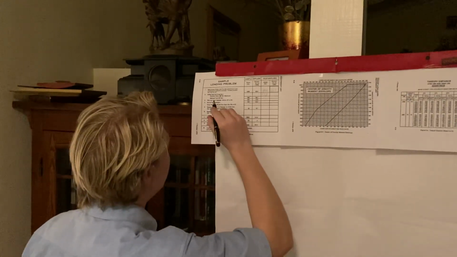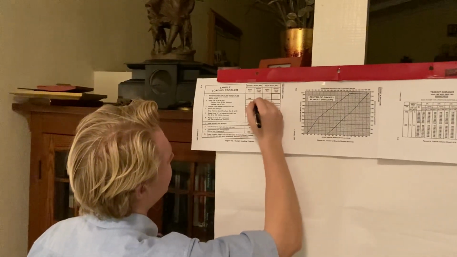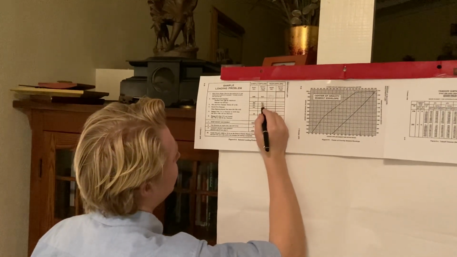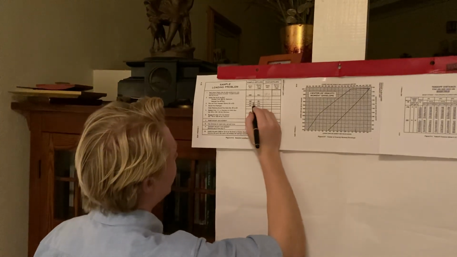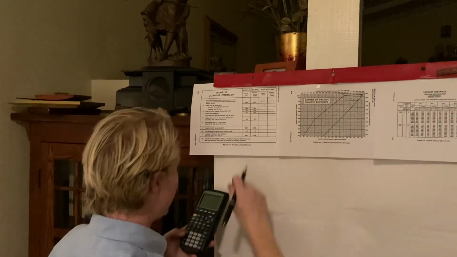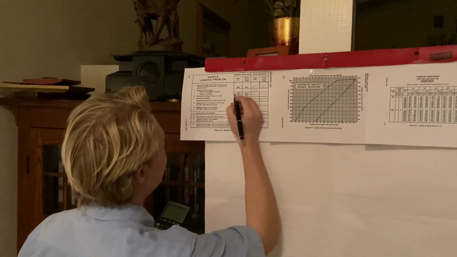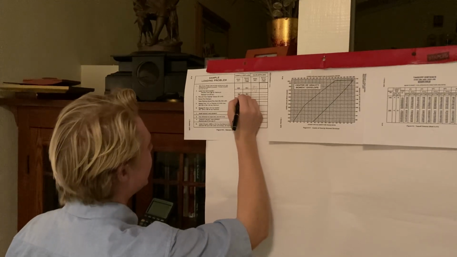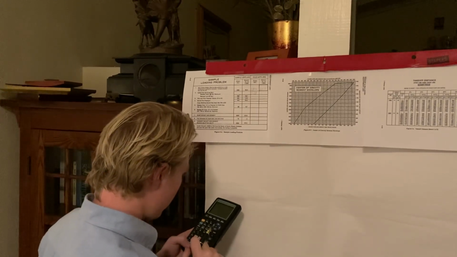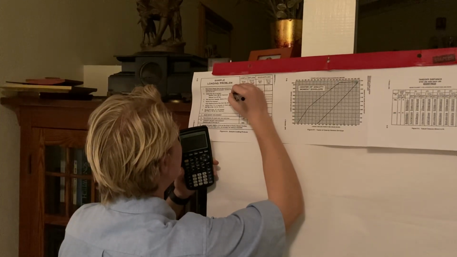To get the arm for the tanks, we can divide the moment by the weight of the sample airplane to get the arm that it's at. So we're gonna take 18,100 and divide it by the weight of 390, and we get an arm of 46.41.